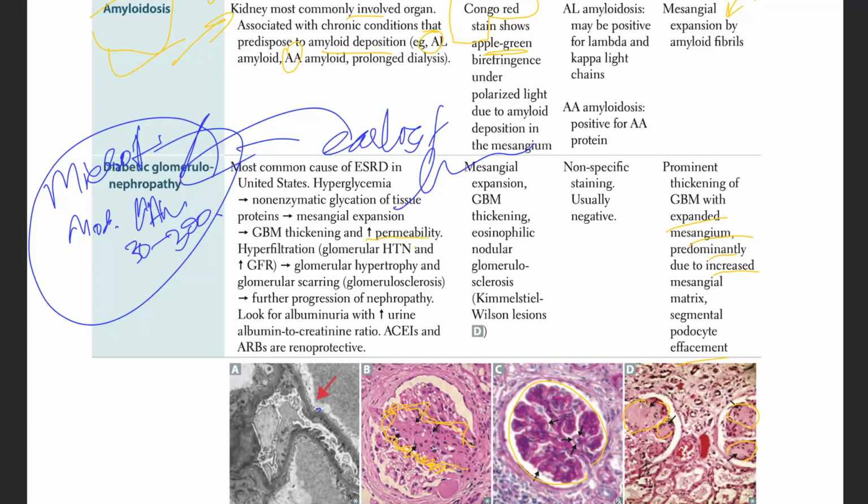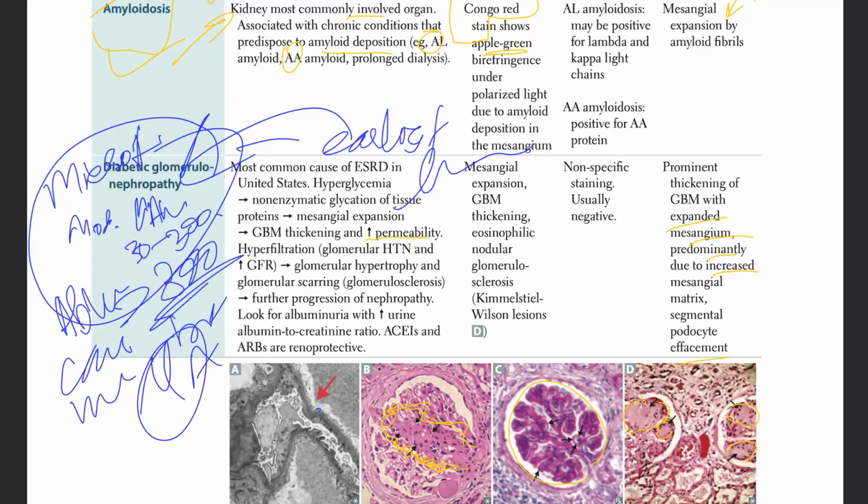But once the albuminuria gets greater than 300, at that point it can be detected by urine analysis. So urine analysis does not detect any proteinuria which is less than 300.